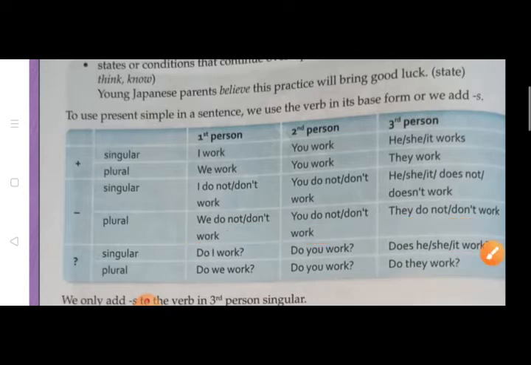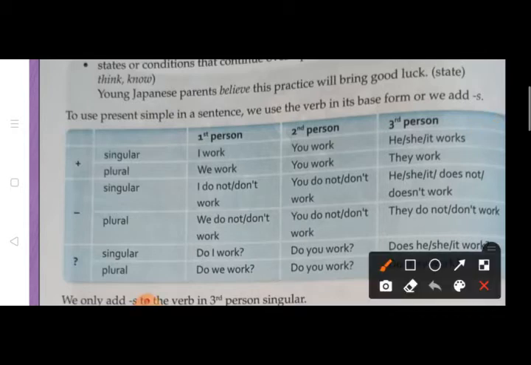Now let's see the question. How are we going to form a question? So let's see the first one, that is singular first person. Do I work? Over here we have moved the subject behind and brought the verb first, that is, do I work. You can see that do is a helping verb because work is an action word.